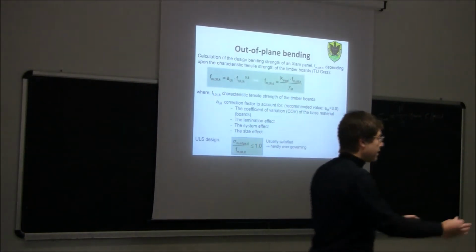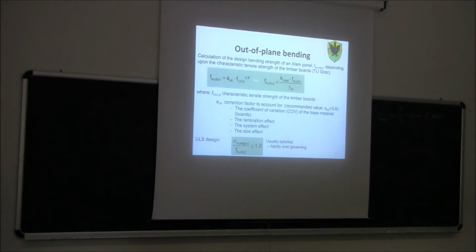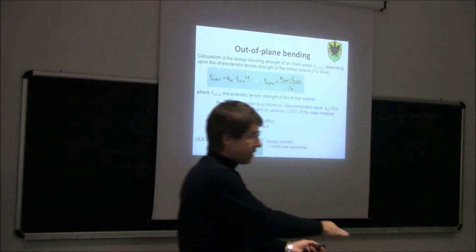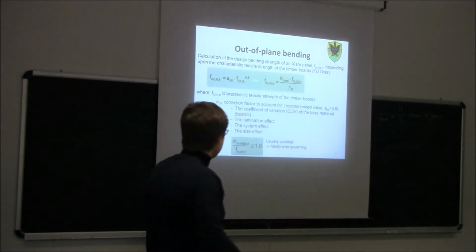So they say if you have a CLT panel and you want to calculate the bending strength of this CLT panel, you need to relate the bending strength of the CLT panel to the tensile strength of the board. More or less like with glulam. With glulam, we said we have several laminations. So the bending strength of the glulam as a material in some way will depend on the tensile strength of the single plank. Same thing here.